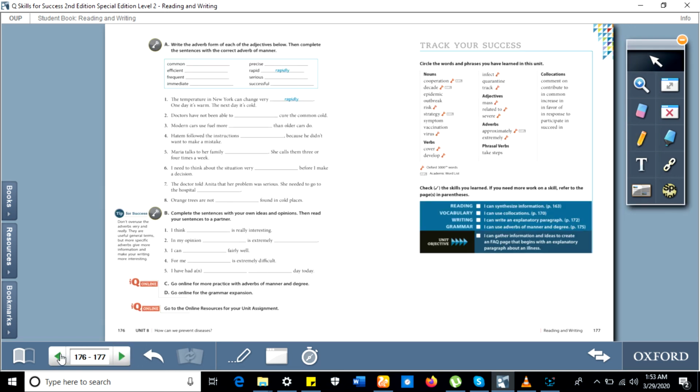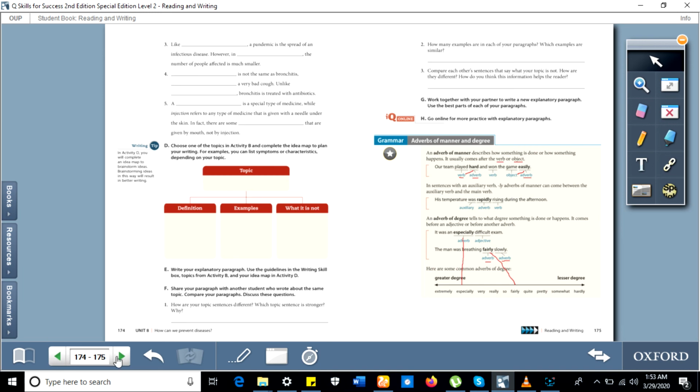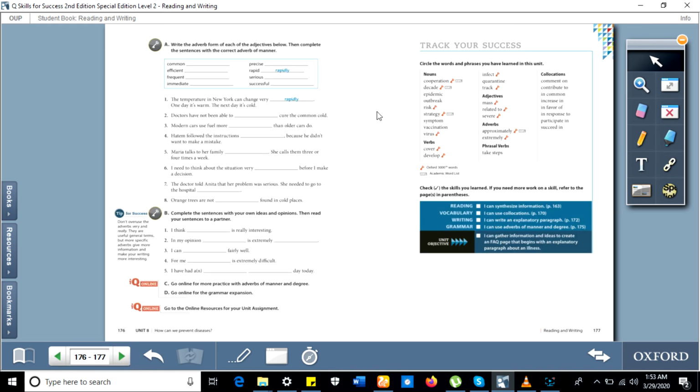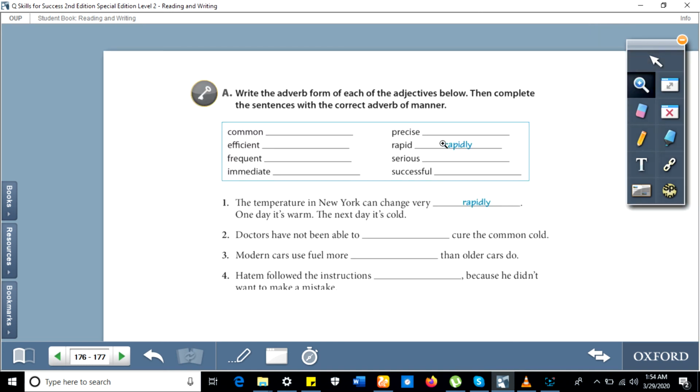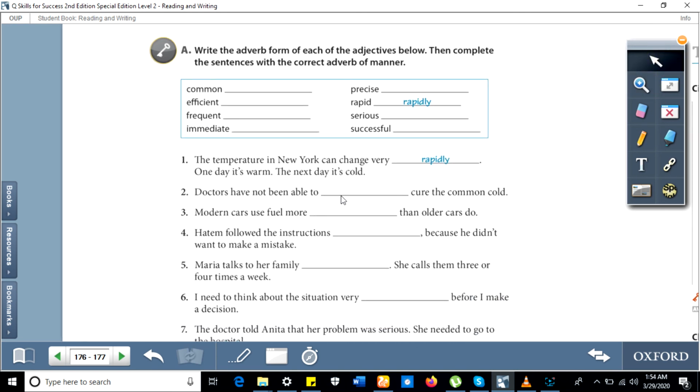Here, write the adverb form of each of the adjectives below, then complete the sentences with the correct adverb of manner.